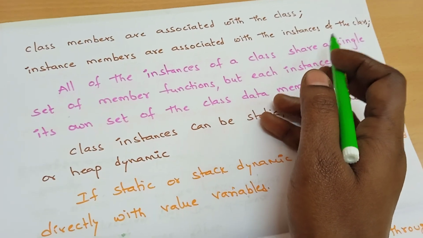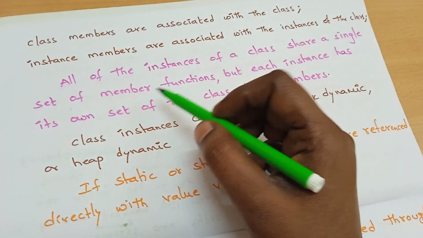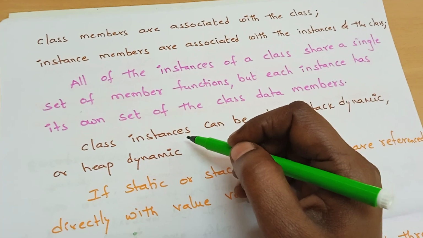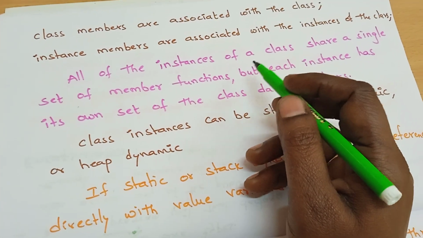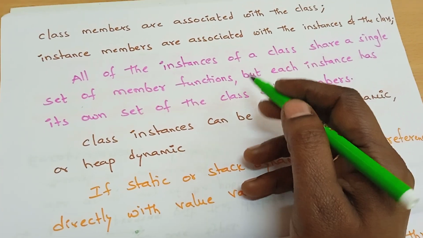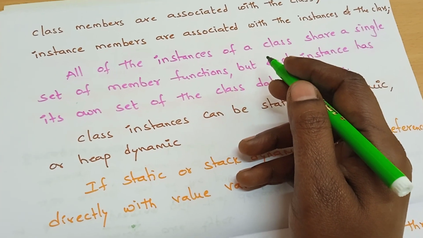We will not talk about class members. We will talk about instances of the class, because when you are dealing with the instances of a class, we will be talking about how memory is created and how memory is released after completion of usage.